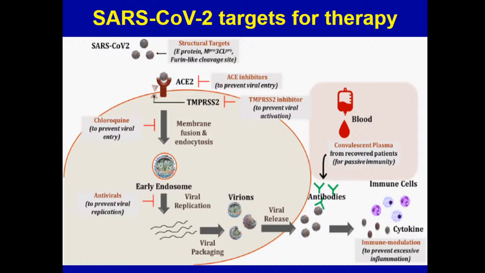Because truly, and you know this is a very old approach to treat infectious diseases. And this is a very old approach to treat viral diseases. So that's why plasma from convalescent patients is being used already for passive immunity, and some of the preparations used for this are in the third stage of clinical trials.